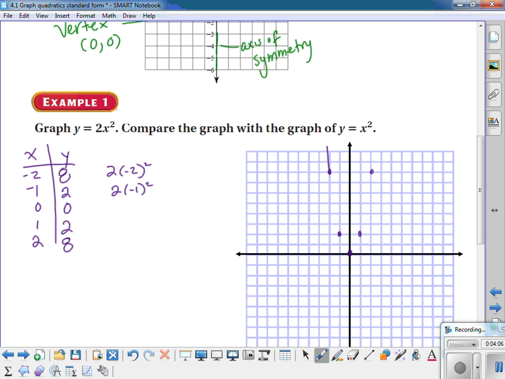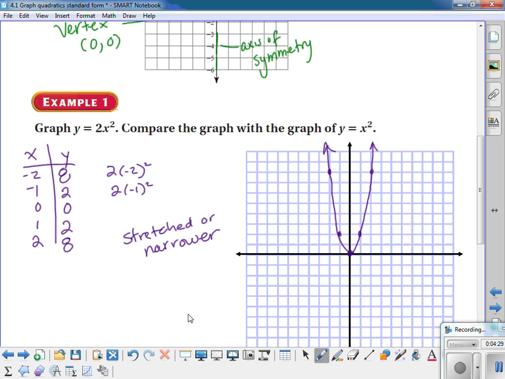So how do you guys think this graph compares to the parent graph that I just did? It's stretched out, isn't it? It's narrower. And what do you suppose the factor is on that? 2.